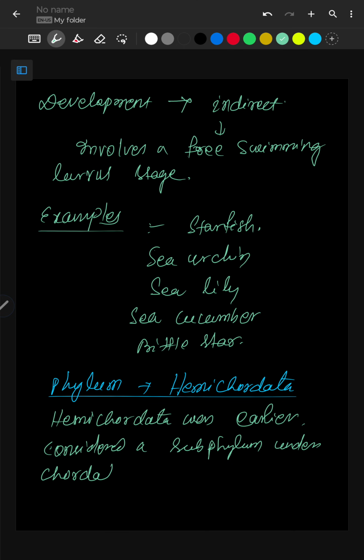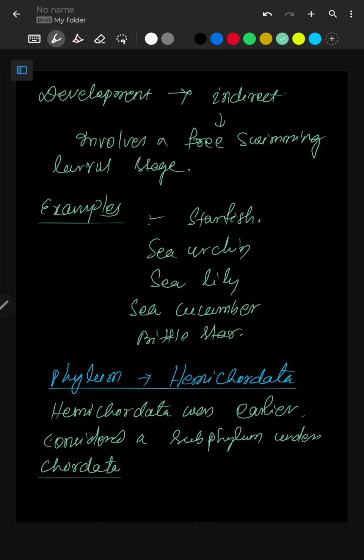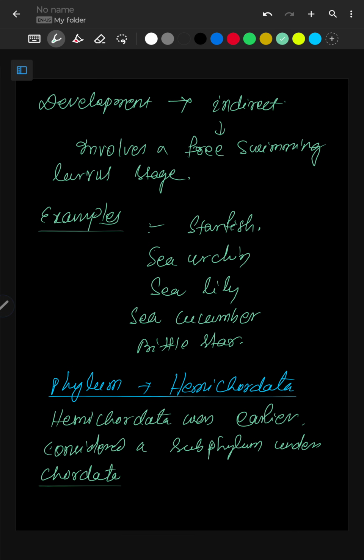Okay, so Chordata is a phylum, and under Chordata it was considered as a subphylum. And why was it considered so? Because this is very important. The reason is that they have paired pharyngeal gill slits.